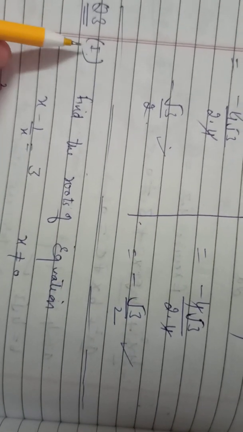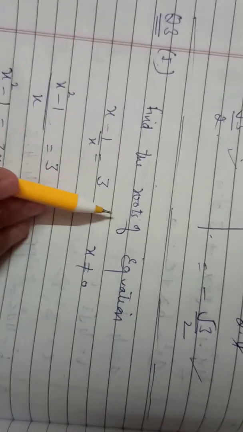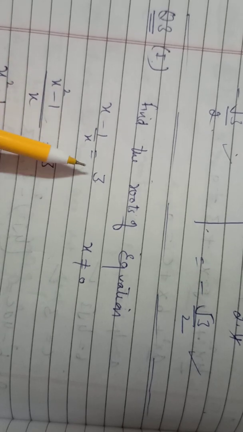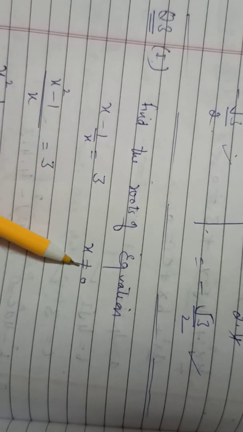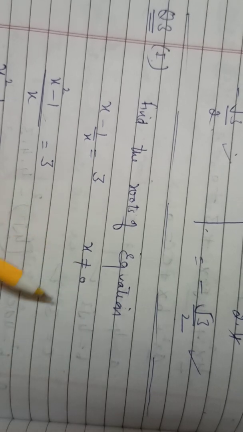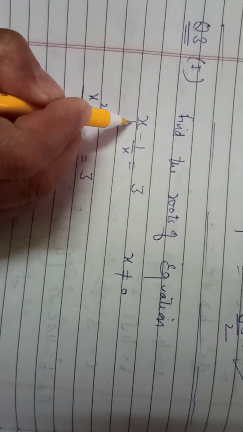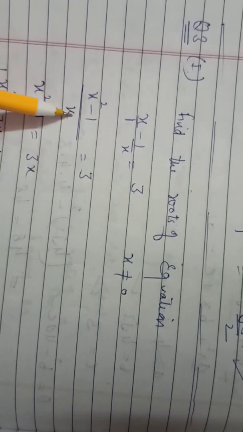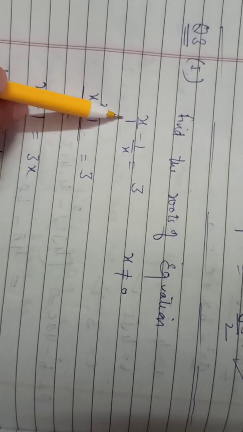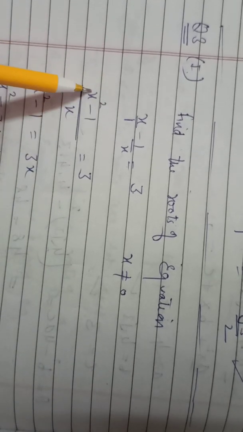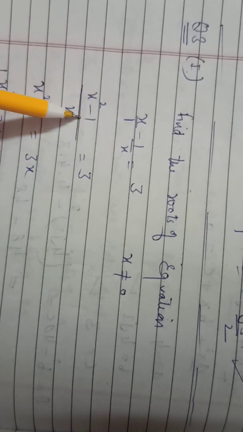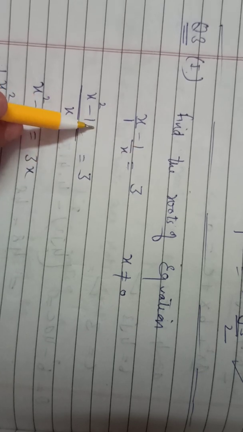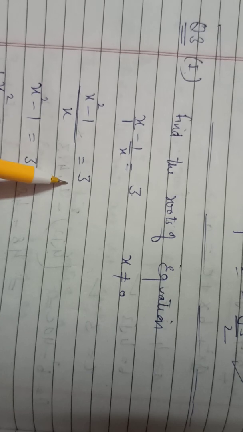Come to third question, first part. Find the roots of the equation x minus 1 by x is equal to 3, where x is not equal to 0. This is upon 1. What is the LCM of 1 and x? x. x divided by 1, x multiplied by x, x square, minus x divided by x, 1, 1 multiplied by 1, 1, equal to 3.